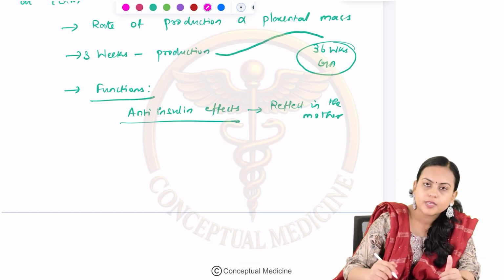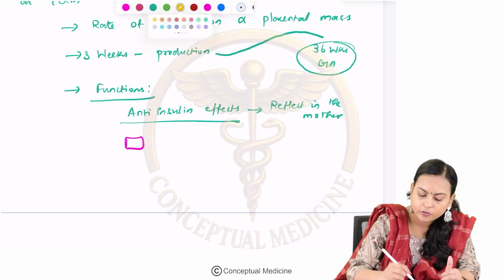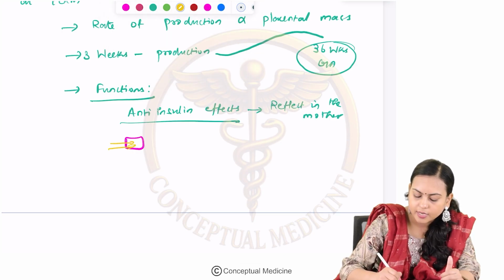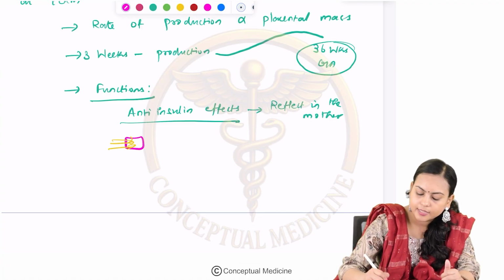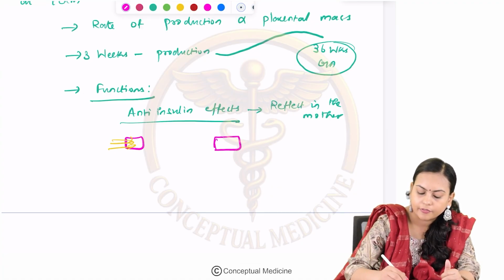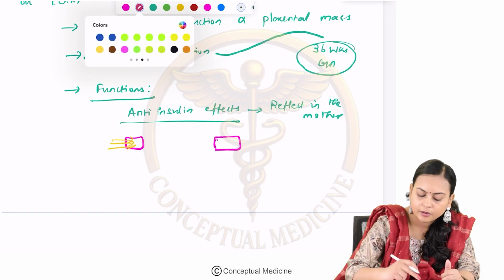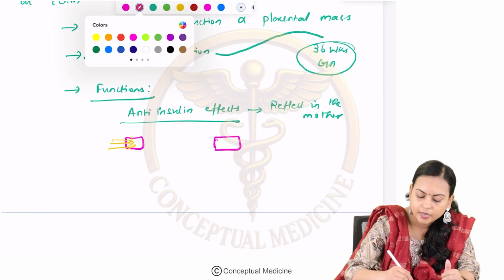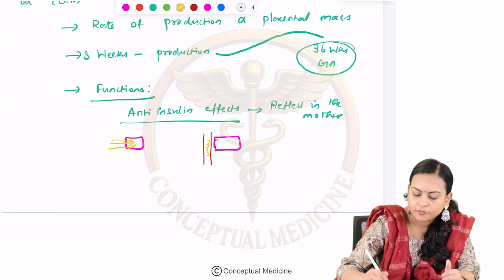Okay, so basically what is happening in a cell? Suppose we consider the cell, insulin is going to push the glucose inside the cells, right? But in pregnancy there is an anti-insulin effect. So, whatever carbohydrate the mother has consumed is going to stay in the blood vessels itself.